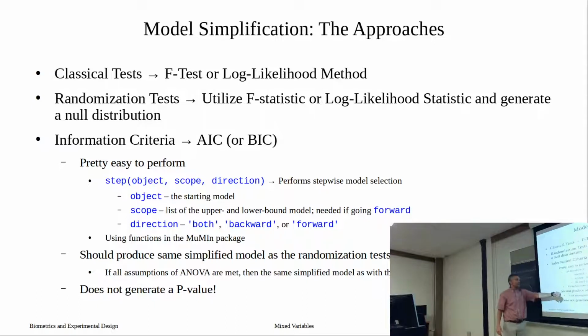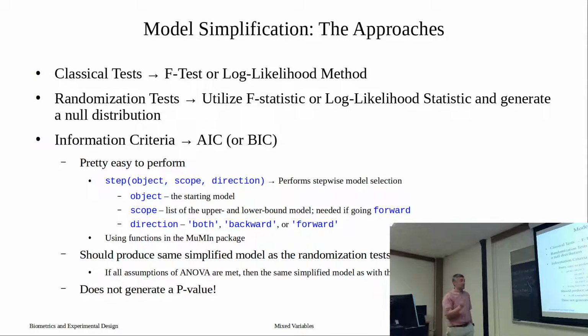We also have a different package called the MuMIn package that we can use to do the same thing. This is actually pretty useful because when you have a very large data set, a lot of different variables, this will generate all combinations of our models, all possible models, and compare the AIC of all of them across the board.